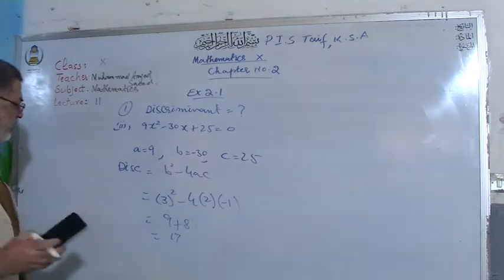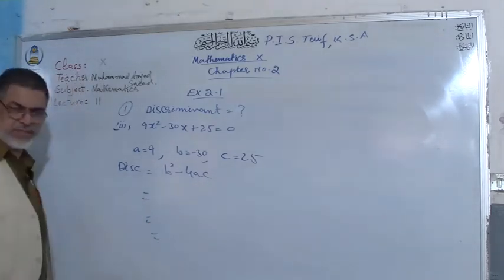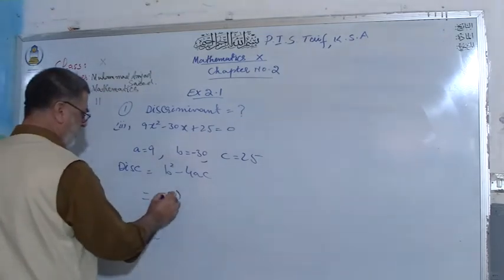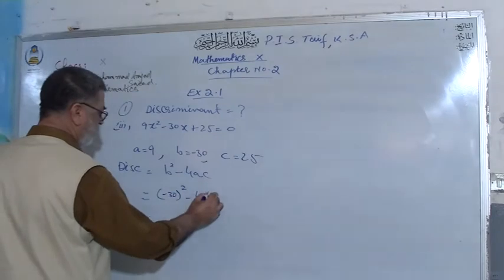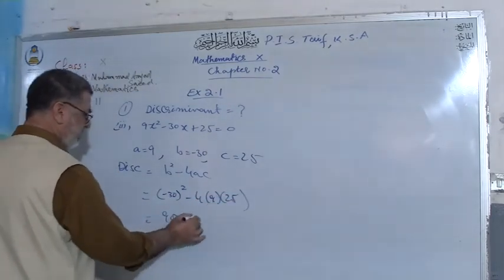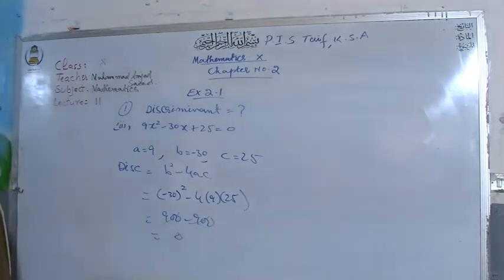Apply the formula of disc using these values. Minus 30 square minus 4 into 9 into 25. Here is 900 minus 900. They are cancelled out, equal to 0.